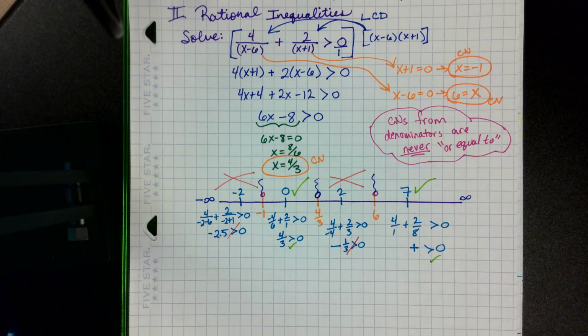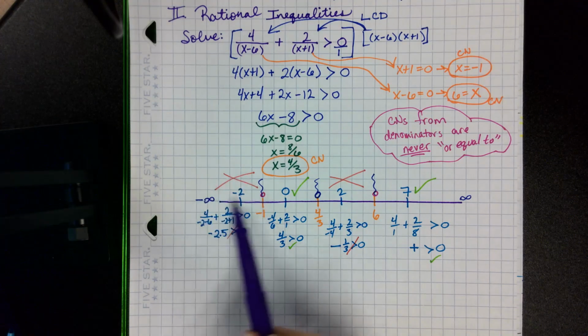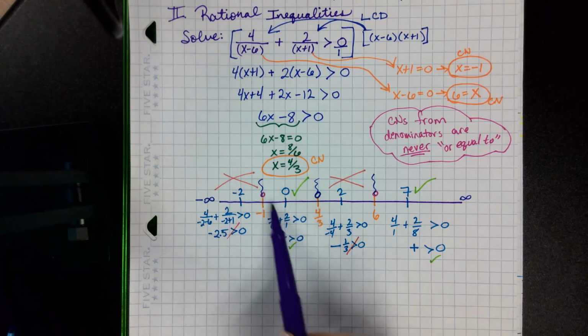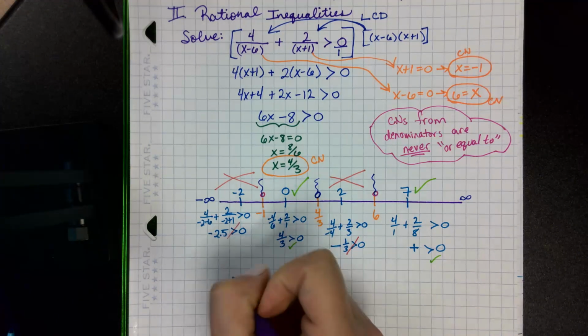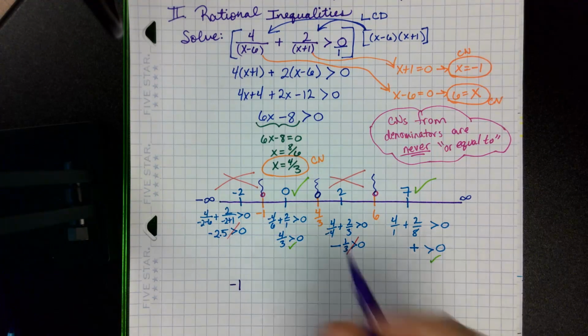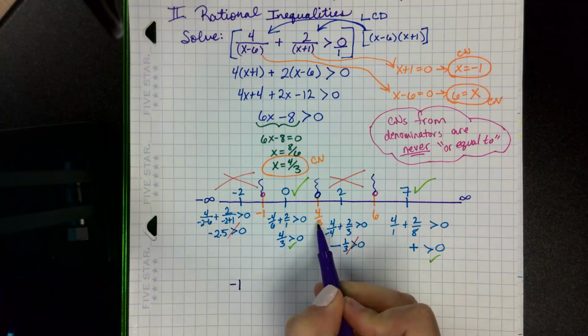All right, so now I have my checks done. So I know my critical numbers. This section's not included, so this is the first one. The beginning of this interval starts at negative 1. So my answer starts at negative 1. It goes from negative 1 to positive 4/3.